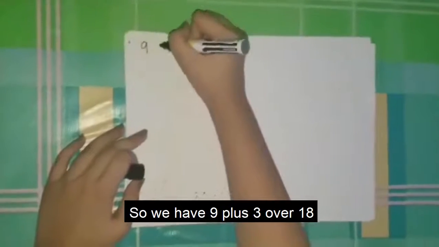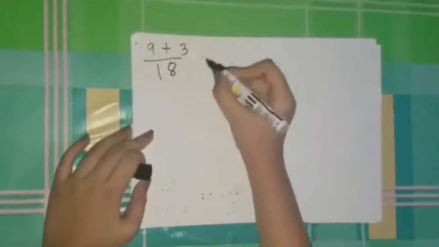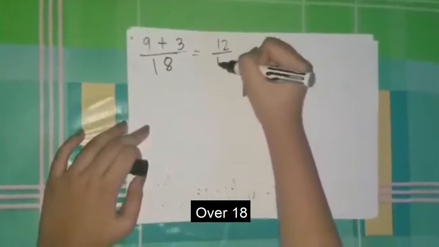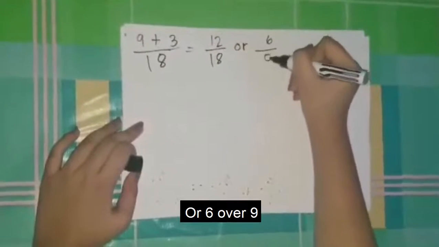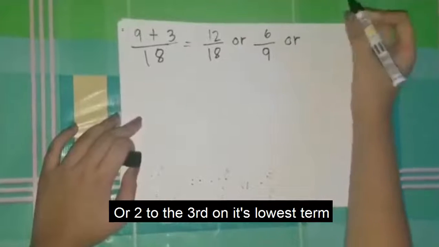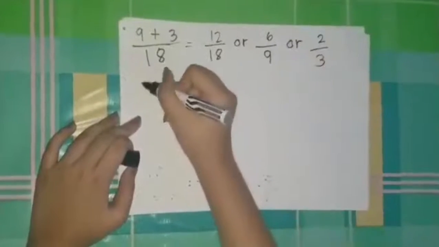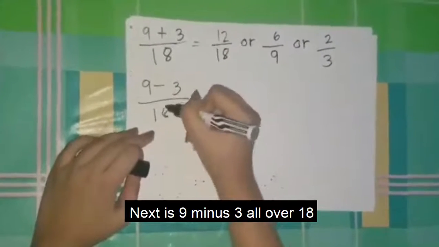So we have 9 plus 3 over 18, which would be equal to 12 over 18, or 6 over 9, or 2 thirds in lowest terms. Next is 9 minus 3 all over 18.